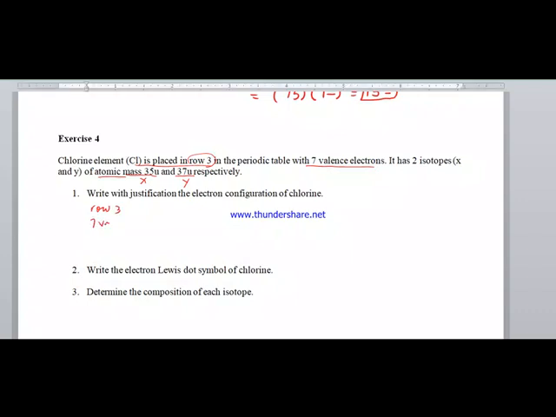and 7 valence electrons. Row 3 means that we have 3 occupied energy levels, which are K, L, and M. 7 valence electrons means we have 7 electrons in the outer energy level.